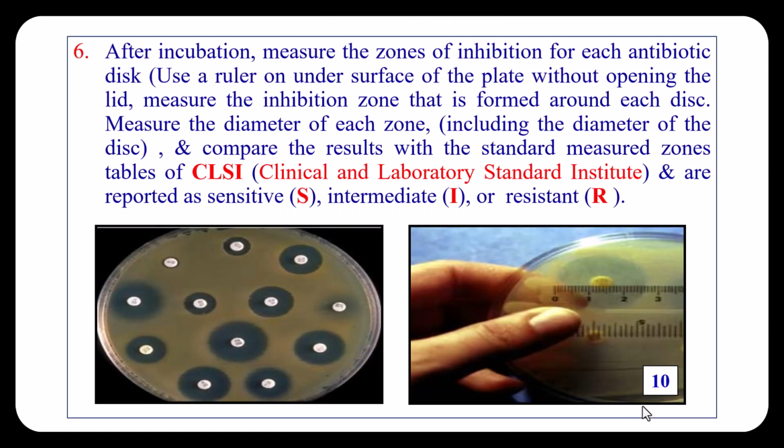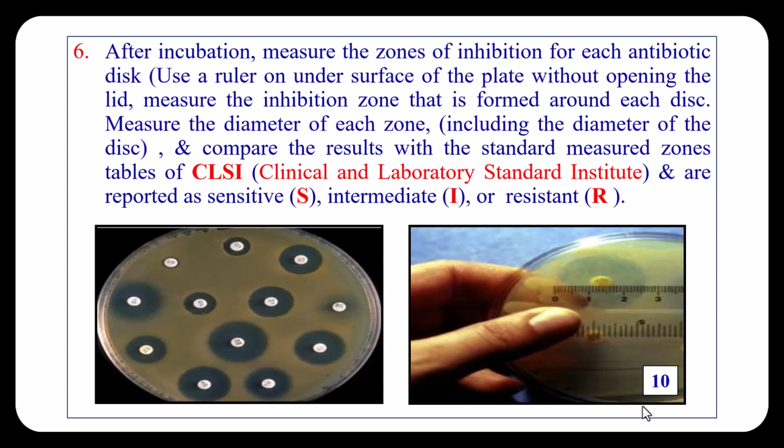After incubation, the antibiotic diffuses into the agar, and if the organisms are susceptible, a clear zone of inhibition appears around a disk. If resistant, no clear zone is formed. Following incubation, measure the diameter of each inhibition zone in millimeters using the ruler placed on the upside of the closed plate.